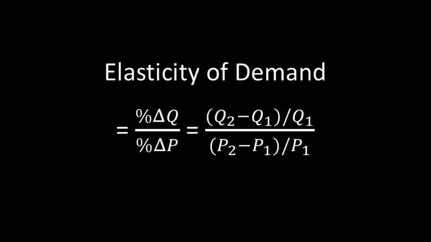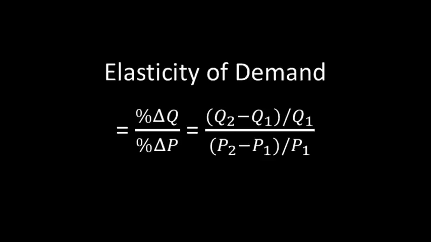To kind of mentally unpack this, look at the ratio real quick and think about what that would mean. So if people are very, very sensitive to the price, that means if you take the denominator and you just nudge it a tiny, tiny bit so that the nudge in the denominator approaches 0, then people are so sensitive that that tiny nudge is just going to cause them to really, really change their quantity demanded.